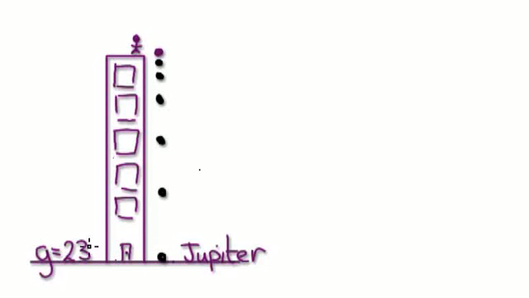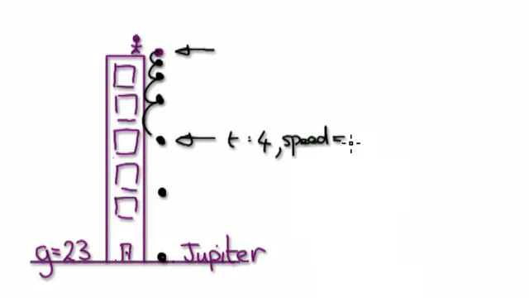Now I want you to draw this picture, and for each of these here, this one here is t equals, hang on, 0, 1, 2, 3, 4. So this one's t equals 4. Write it as this: t equals 4, comma, and write in speed equals, fill in this blank and then write meters per second in there.